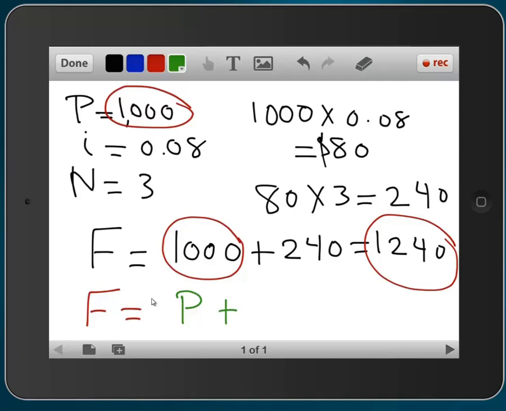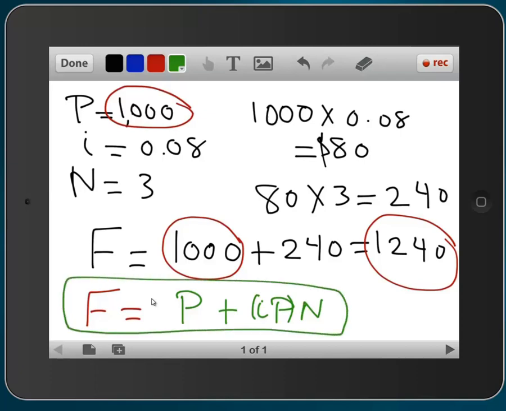The 240 we got from the interest rate multiplied by P multiplied by N, the number of periods. That is how we get the value, and that will be the formula to calculate the total amount that needs to be paid after N periods using simple interest calculation. This is for the simple interest calculations.